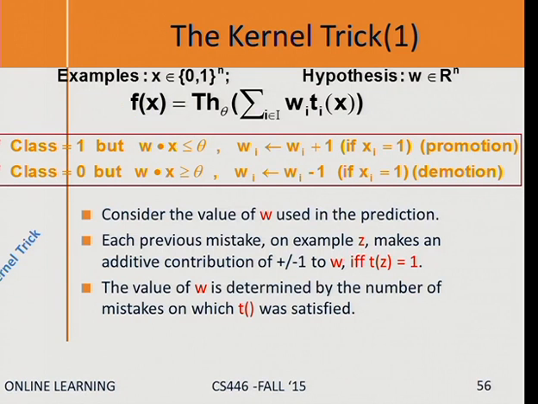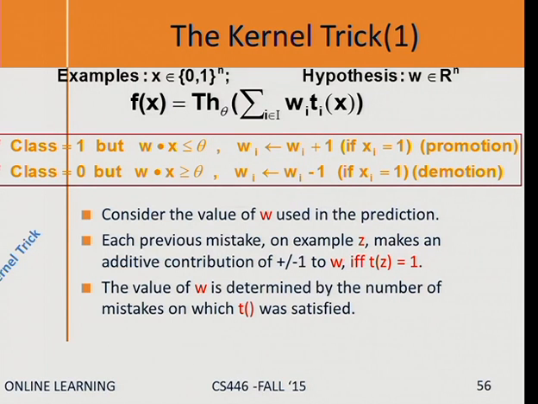So we'll consider the value of w that I'm going to use when I make predictions on a new example. As we said before, on every mistake, I'm going to add the example, which means it's going to be an additive contribution of plus or minus 1, only if t_i of z is 1.